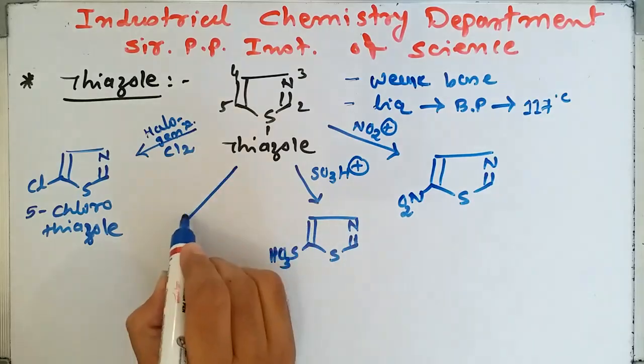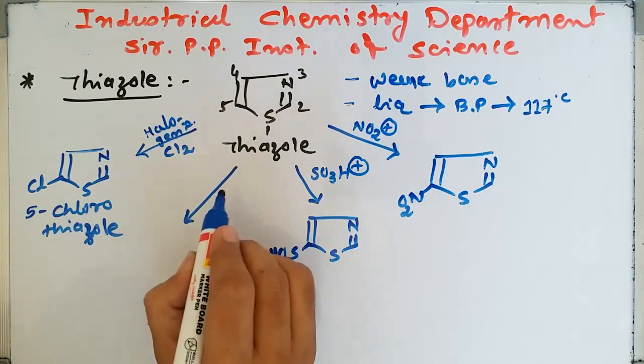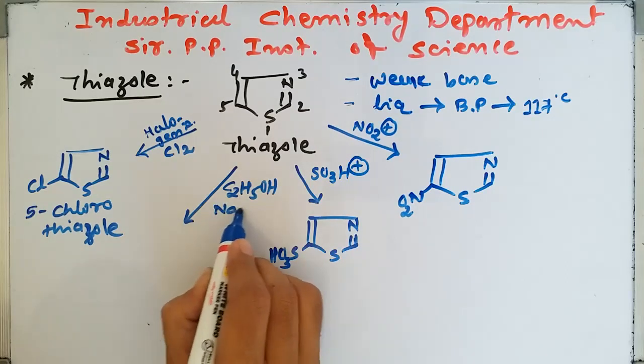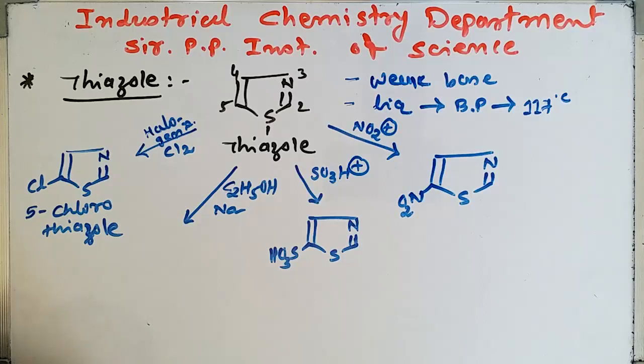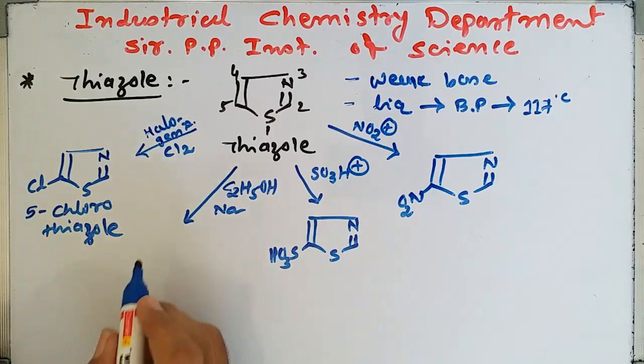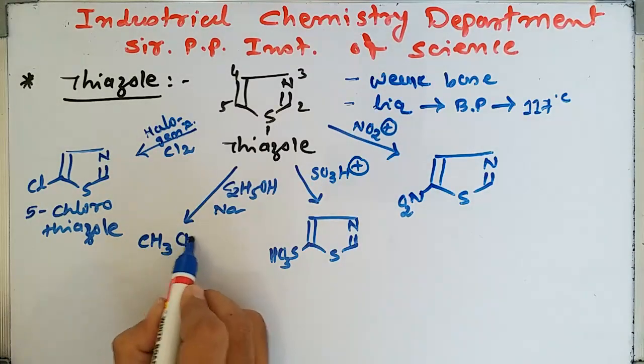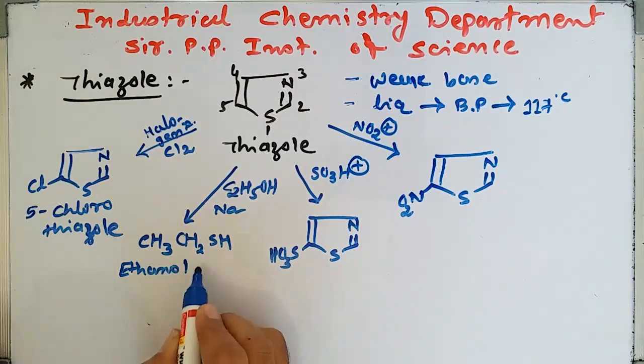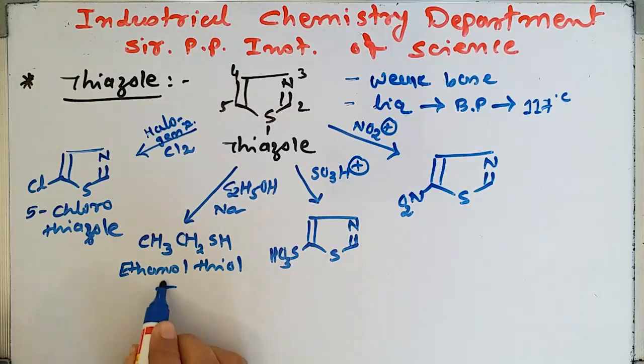Here we get ethanethiol, CH3CH2SH, and methylamine, CH3NH2.